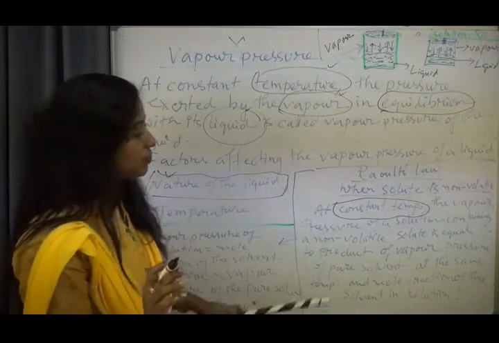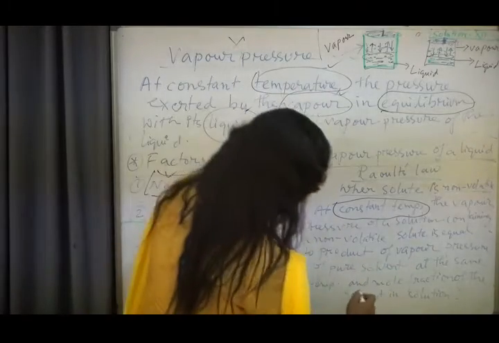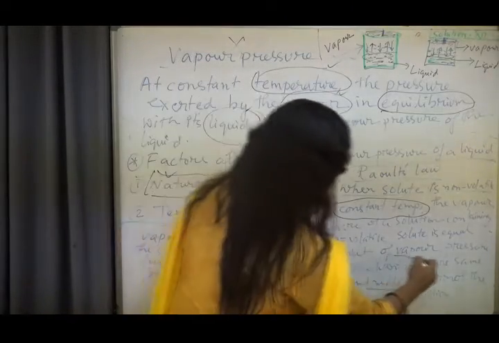So which two factors are coming in the product? They are the mole fraction and the vapor pressure.